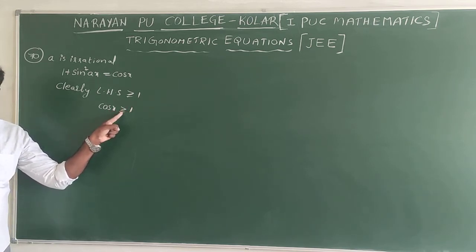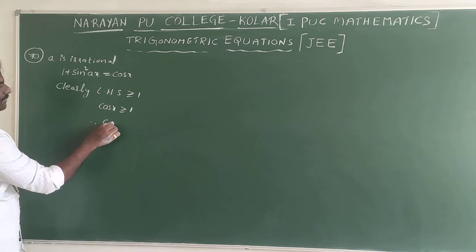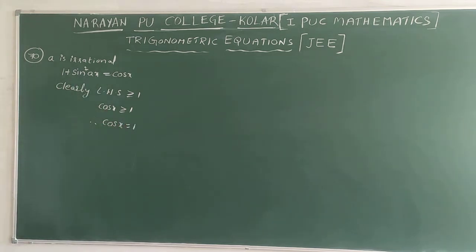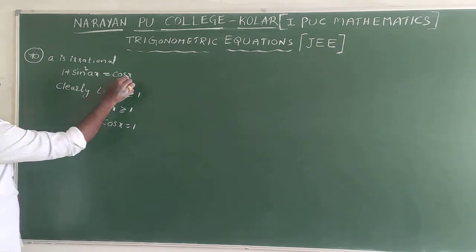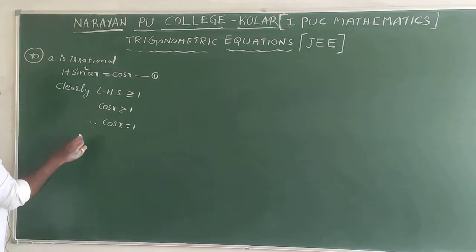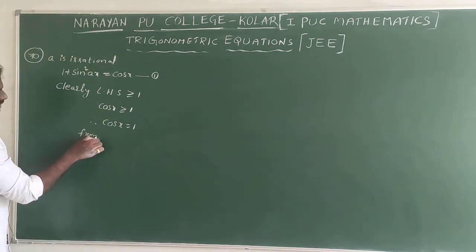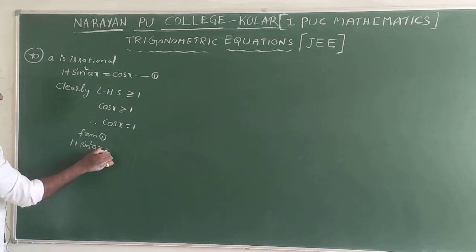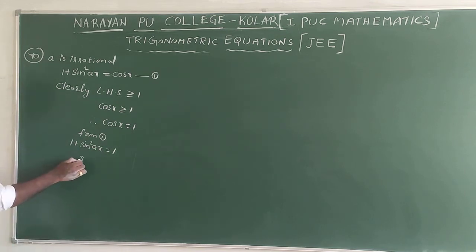That's why I am taking cos x is equal to 1. So if you substitute into the equation, 1 plus sin square ax is equal to 1. Now you will get sin square ax is equal to 0.